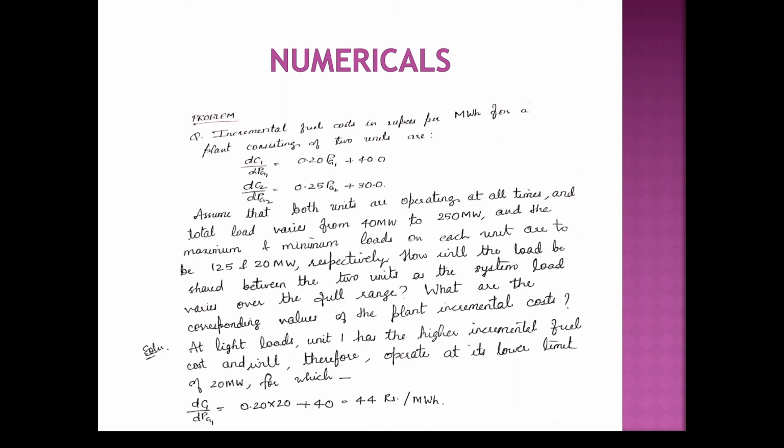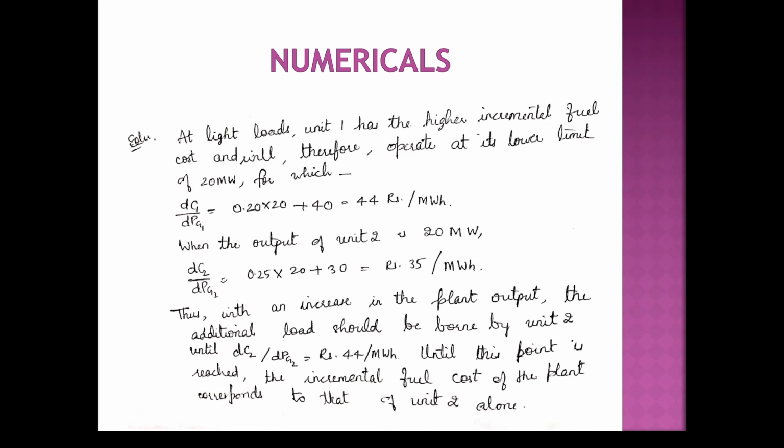Now let us see the solution. At light loads, unit 1 has the higher incremental fuel cost and will therefore operate at its lower limit of 20 megawatts. So dC1 by dPG1 equal to 0.20 into 20, where 20 is the PG1 value given in the question, plus 40, that is 44 rupees per megawatt hour. Then dC2 by dPG2 is 0.25 into 20 plus 30, that is 35 rupees per megawatt hour.